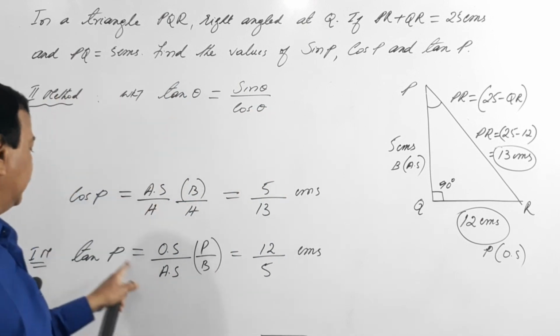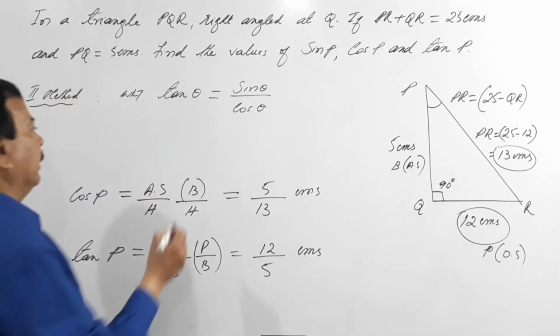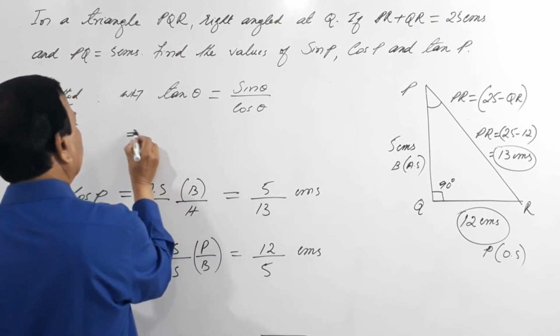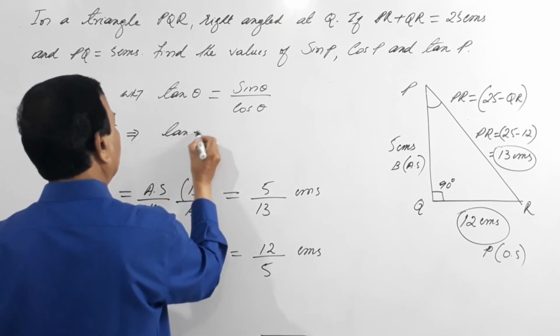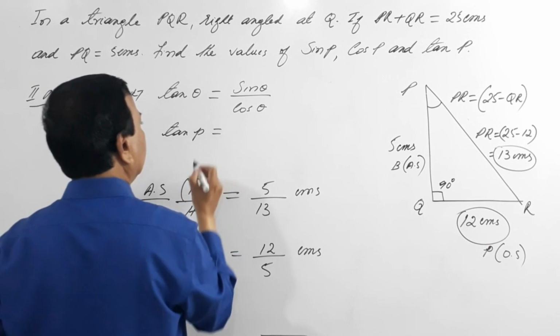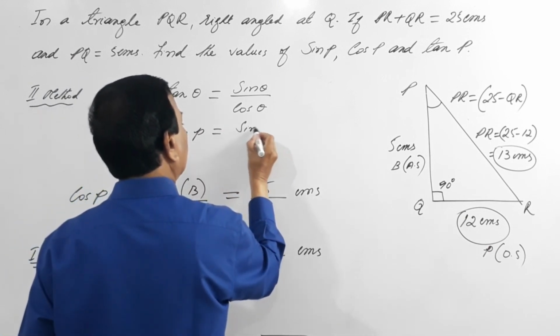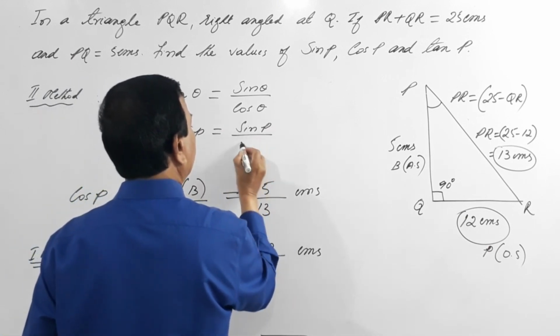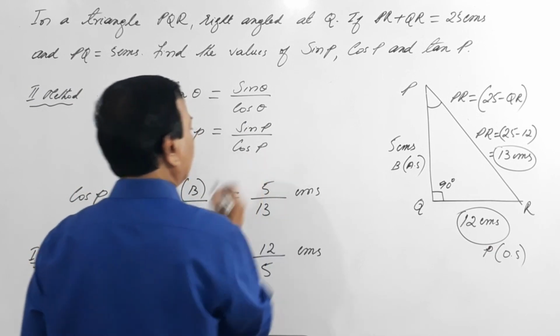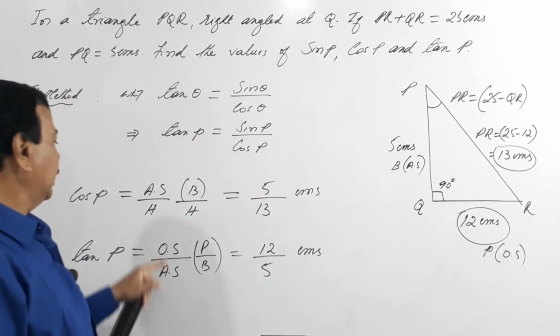So in this case it is tan P, that is tan P equals to sin P by cos P.